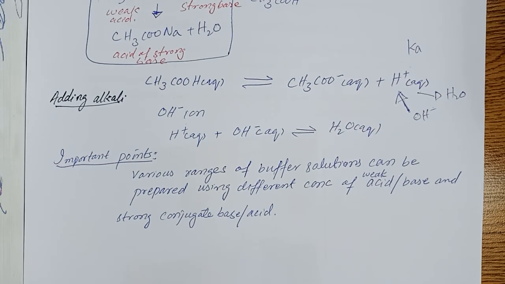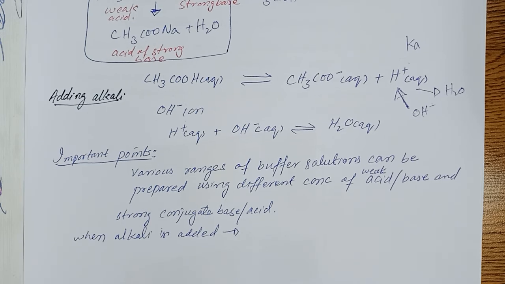Now let's summarize the acidic buffer solution. When an alkali is added, it requires a high concentration of hydrogen ion so that it can neutralize the hydroxyl ions to water.